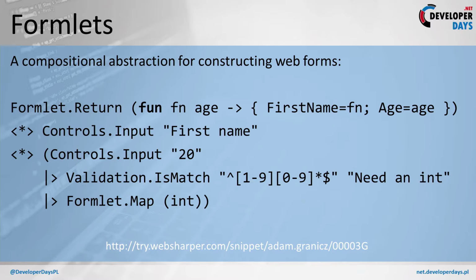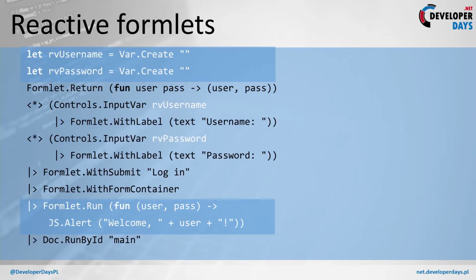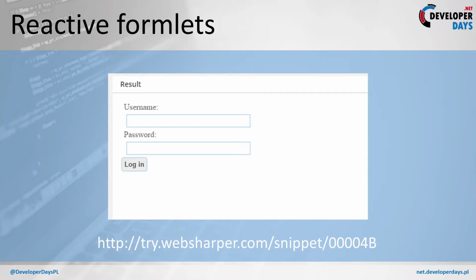And thus, with the star operators in the angular brackets, those two controls are composed together, and now you have a type called formlet, which supplies a string and an int value for whatever has been typed in. And the control itself, when you render it, looks something like this. Except this is not that control, this is a password dialog for the other example.